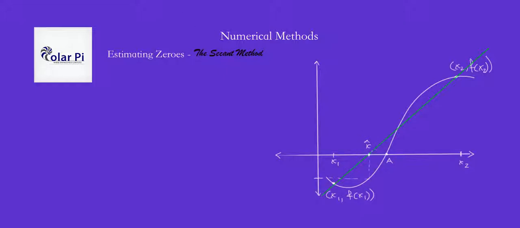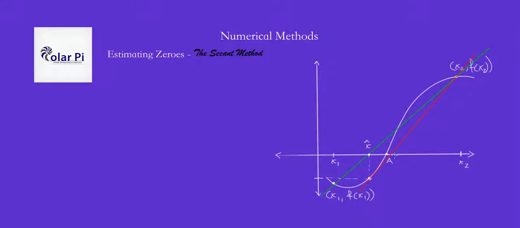And so now we're going to use this point and this other point we already had to draw a second secant line. You guessed it. And so that second secant line, which I'll draw in red, will look like this. And there we go.